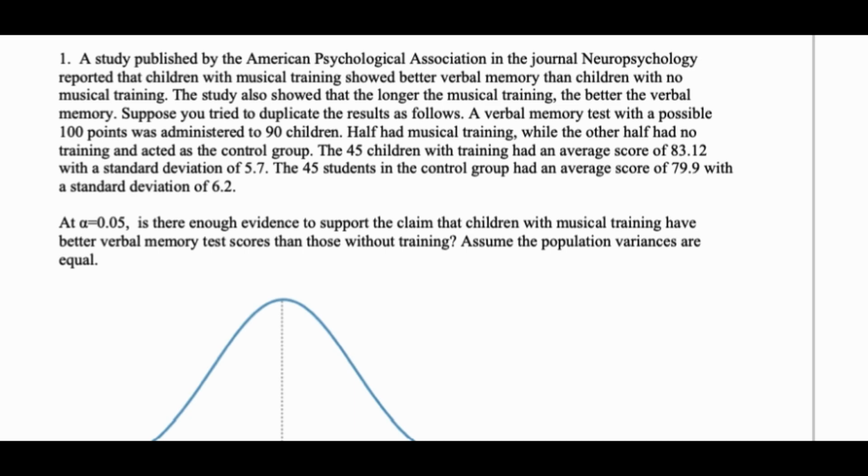The 45 students in the control group have an average of 79.9, a little bit lower. They didn't have the musical training, and their standard deviation was 6.2. At the alpha level of 0.05, is there enough evidence to support the claim that children with musical training have better verbal memory test scores than those without?